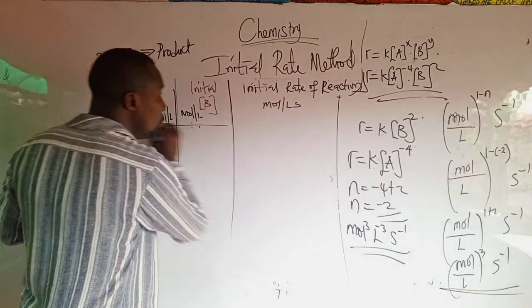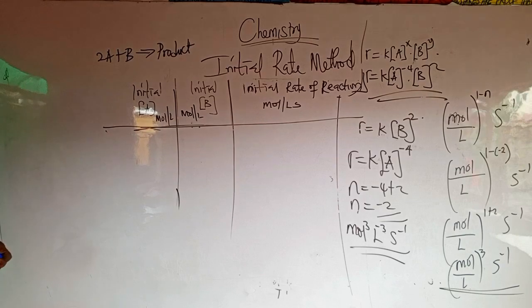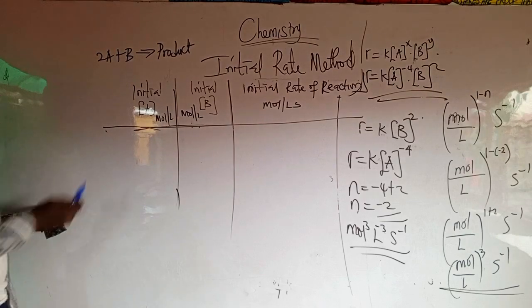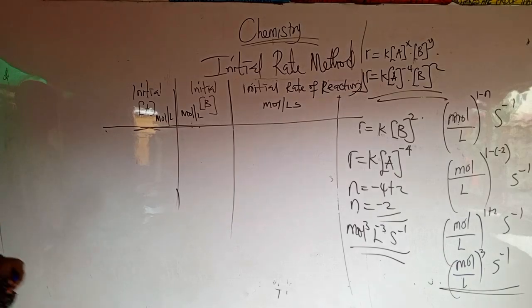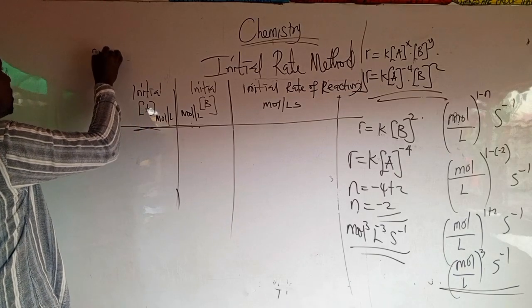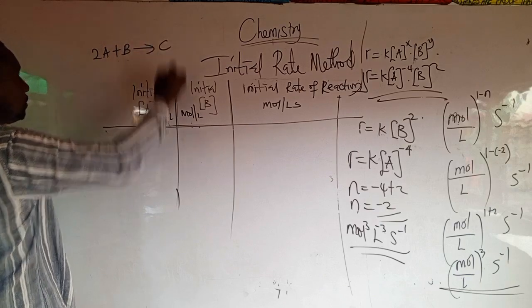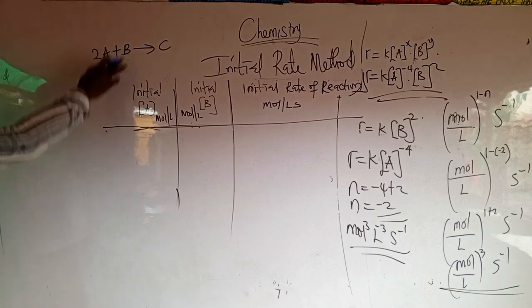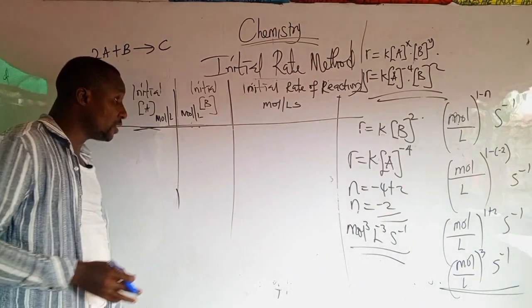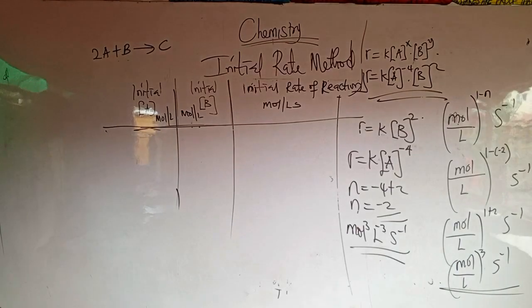Another question where you have 2A plus B gives you C. When an experiment is carried out for this reaction, let me give you the values for each of them.